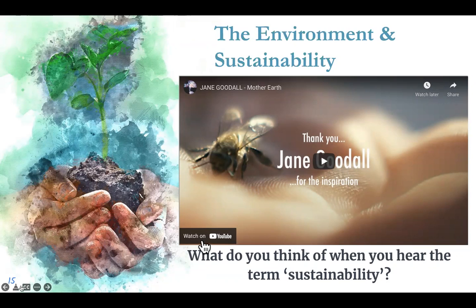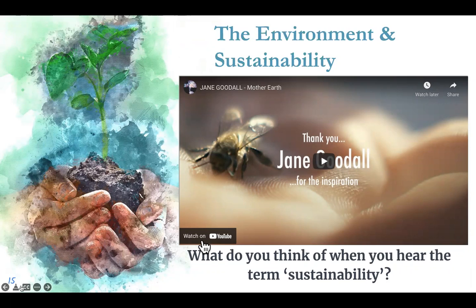And this was a compendium of scientists discussing the state of the world and what sustainability is. So their official definition was that sustainability means development that meets the needs of the present without compromising the ability of future generations to meet their own needs.